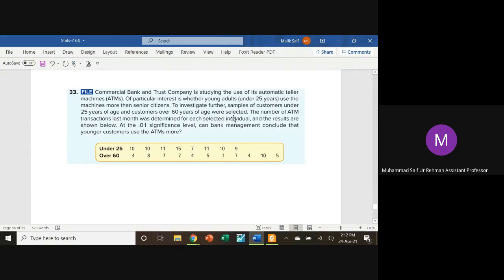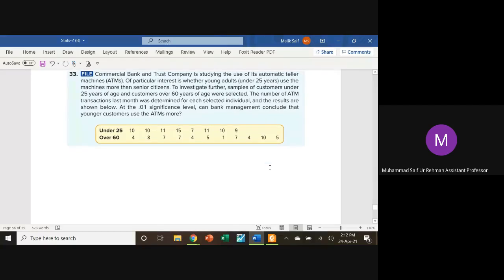The number of ATM transactions last month was determined for each selected individual, and the results are shown below. At 0.01 significance level, can bank management conclude that younger customers use ATMs more? So you may start solving this question.